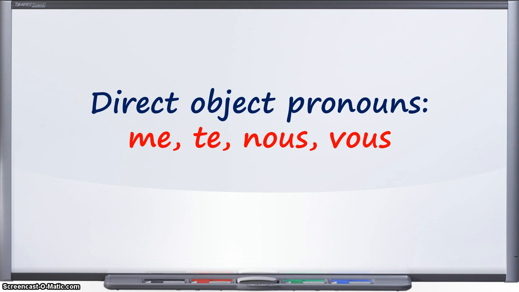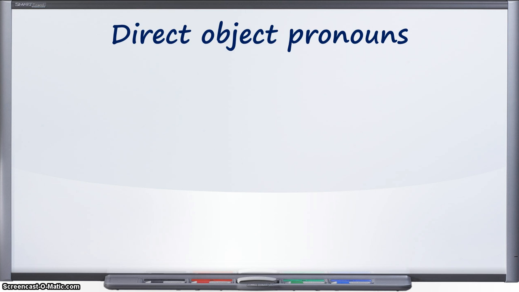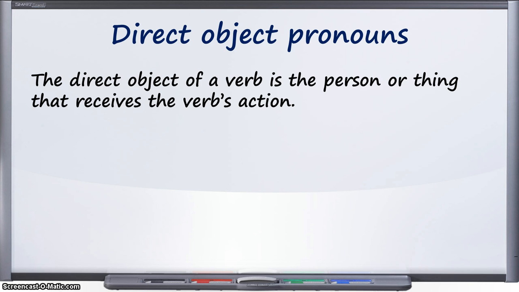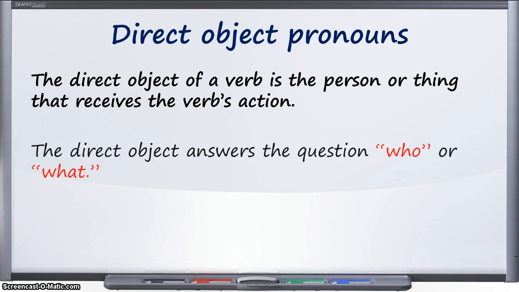But before we start, let's go ahead and talk about what a direct object is. What is a direct object of a verb? The direct object of a verb is the person or thing that receives the verb's action, right? The direct object answers the question who or what.